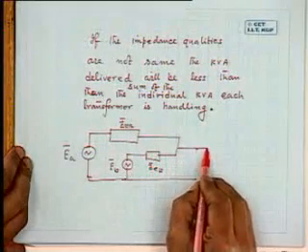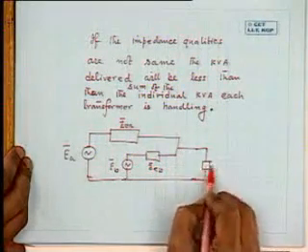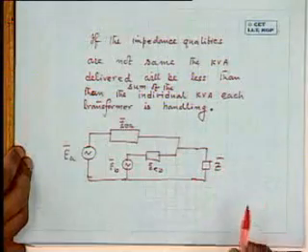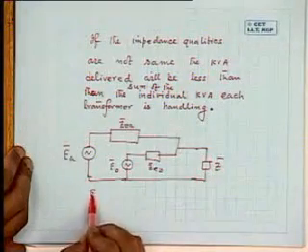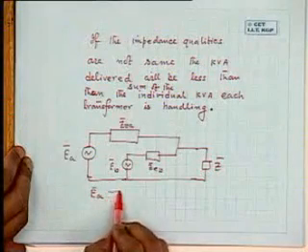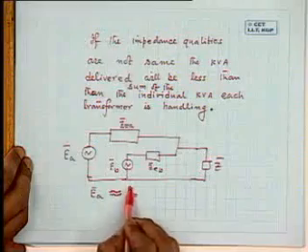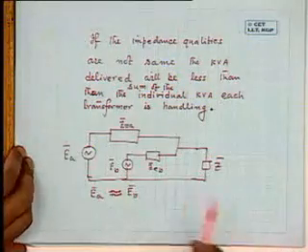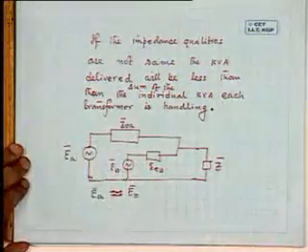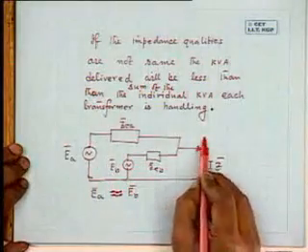Suppose this is jXdA bar, this is jXdB bar, and this is Z bar. And just suppose EA is not exactly equal to EB, very close to it, of course, but not exactly equal.